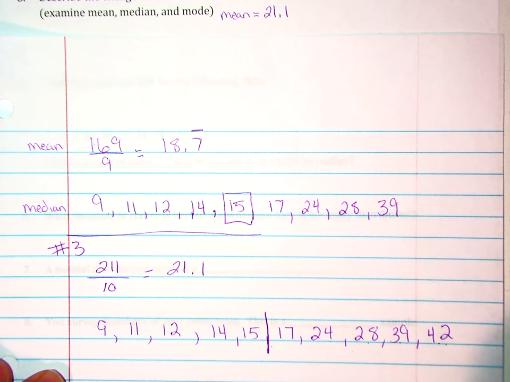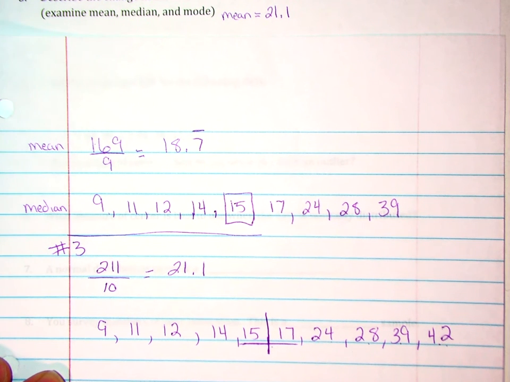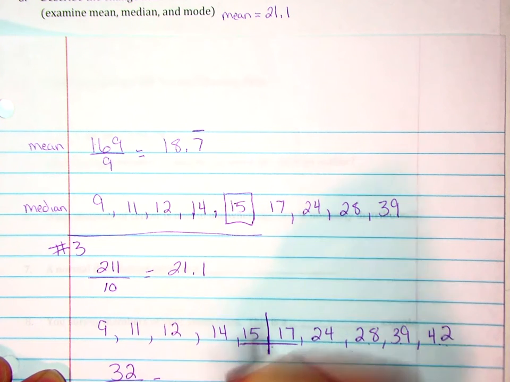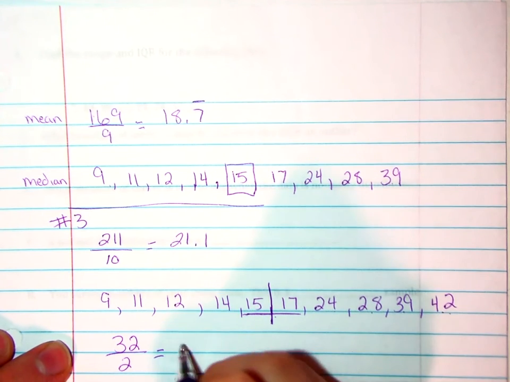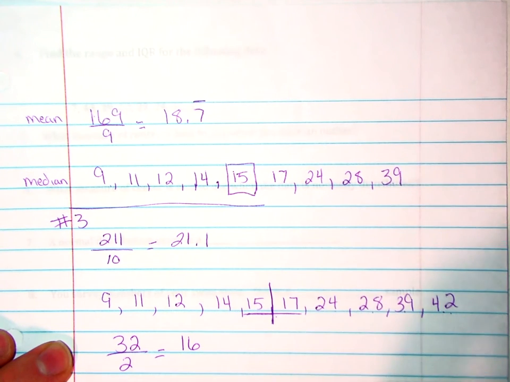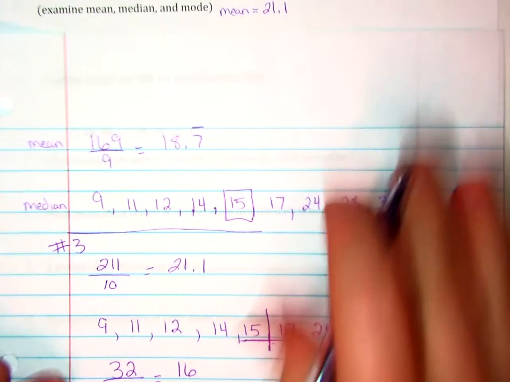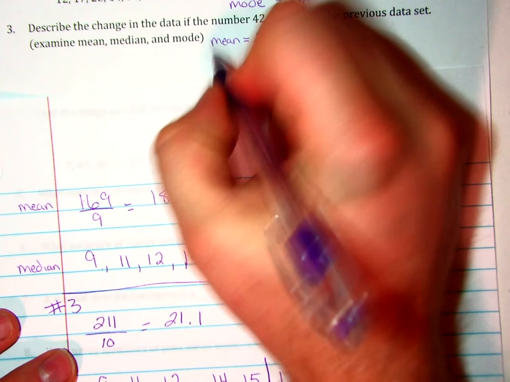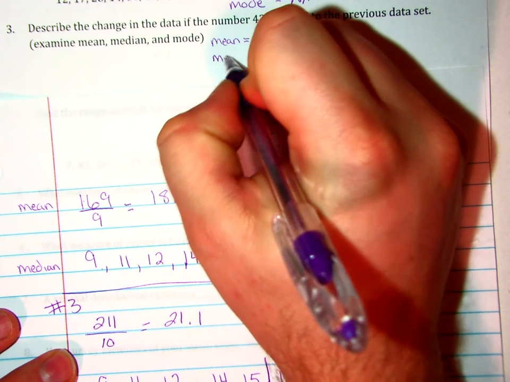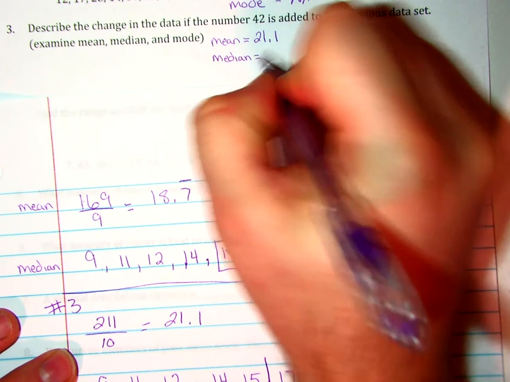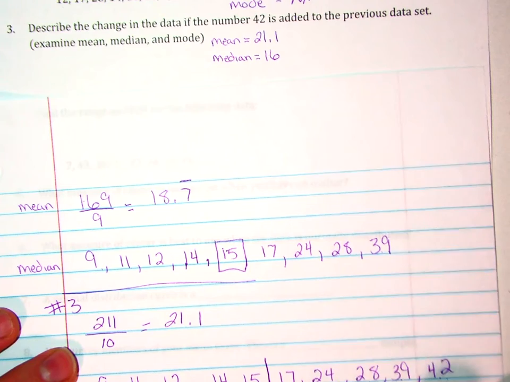Since I end up with an exact middle that splits these two numbers, I need to find the average of those two numbers. So 15 plus 17 equals 32. Divided by 2 equals 16. So now we know that my median equals 16.